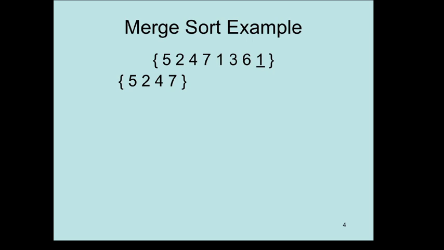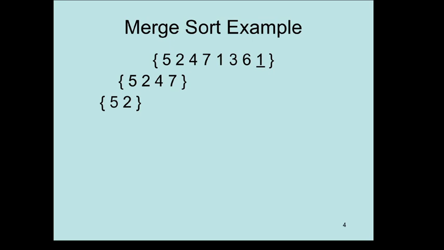Now remember, the outline said recursive call on the left half followed by recursive call on the right half. Until the recursive call on the left half finishes, we can't make that call to the right half. So the animated slide here is actually laying out the order in which it happens. So then we've got this region of size 4. We say, well, I would like to recursively sort the left half.